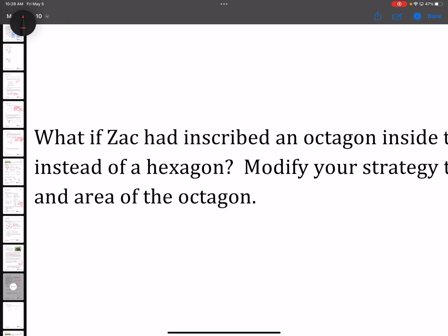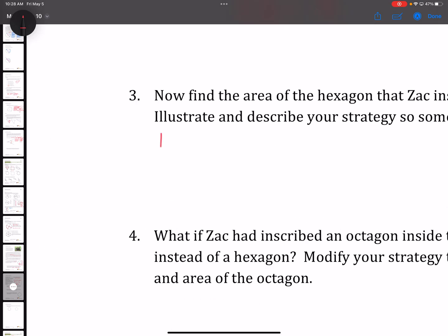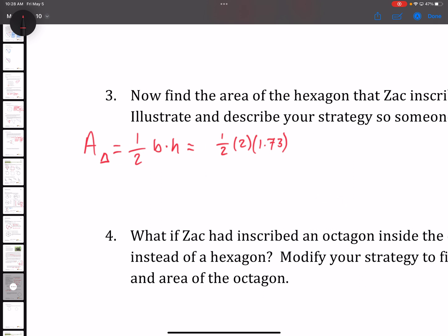One half base times height is the area of the triangle. What is the base of our triangle? 2. And what is the height of our triangle? 1.7. Not quite. It's that thing we found in doing trig, right? Oh yeah, 1.73.